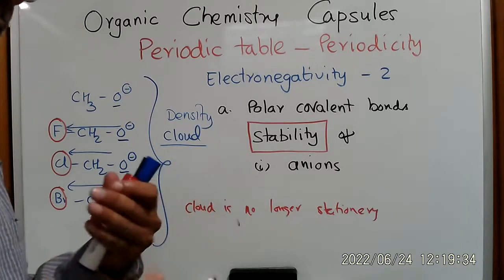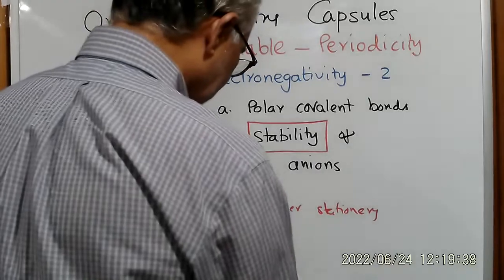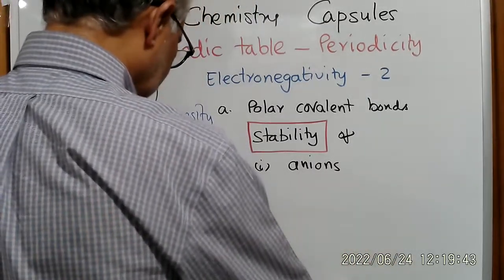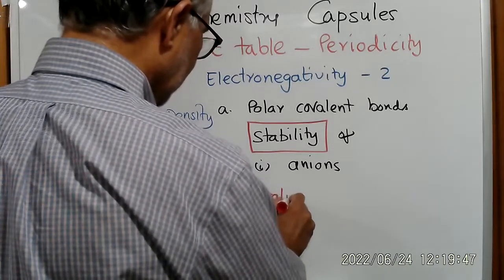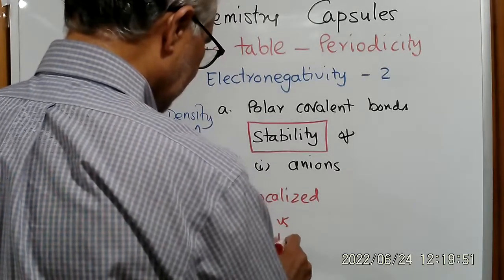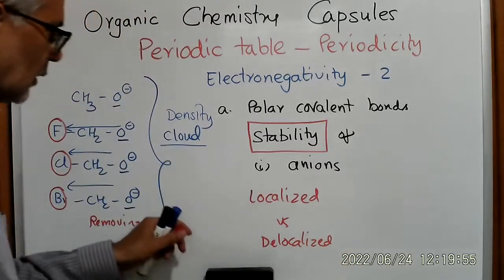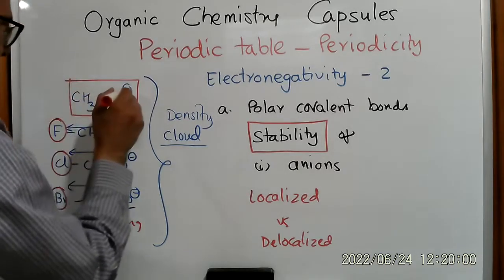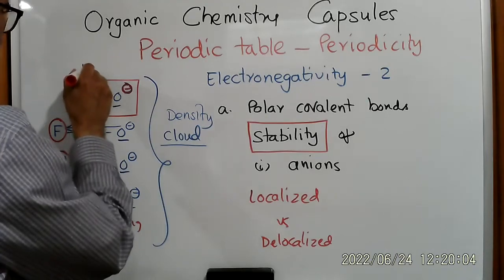When a negative charge is spread out, let me introduce another word here. The terms are localized versus delocalized. In the first example, CH3O minus, the negative charge is localized on the oxygen.